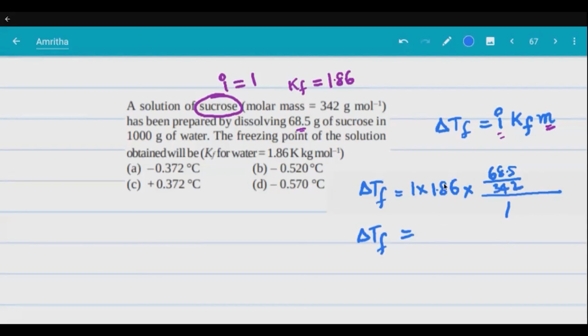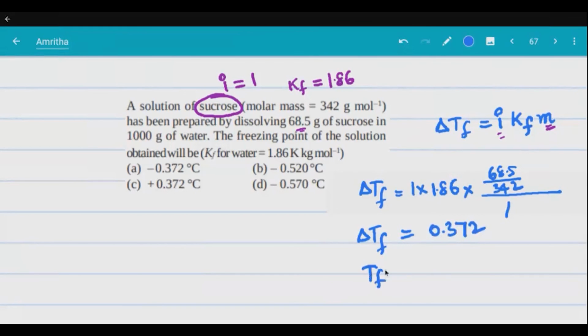So what is our answer now? Can anybody tell me quickly? 1.86 into this factor. Do we get this? You should get 0.372.